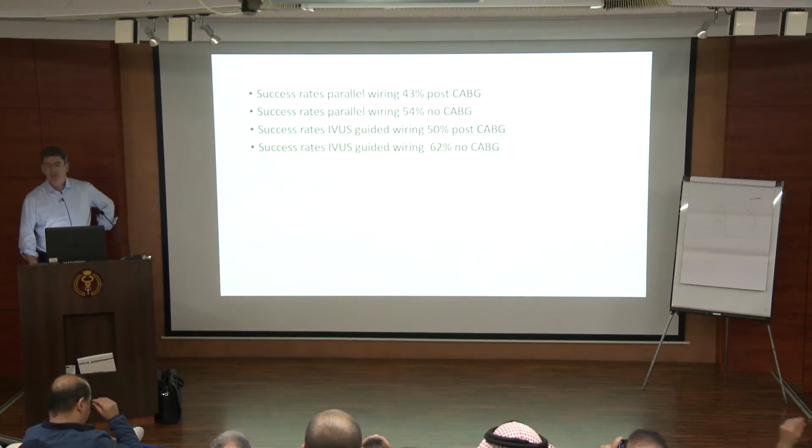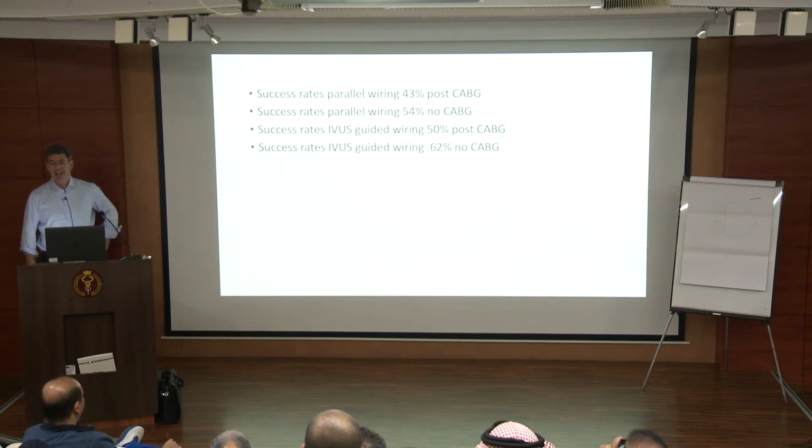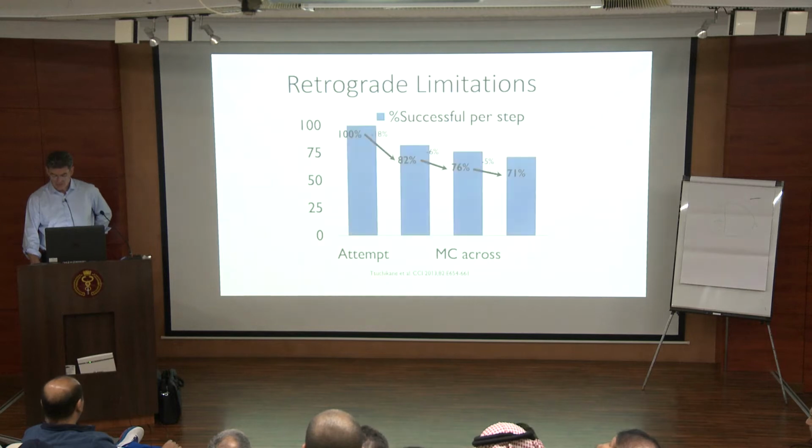But there are still limitations of these adjunct antegrade techniques: parallel wiring, post-bypass surgery or no bypass surgery, still relatively limited success. IVUS guided wiring does work, but is it predictable and reliable, and is it successful most of the time?